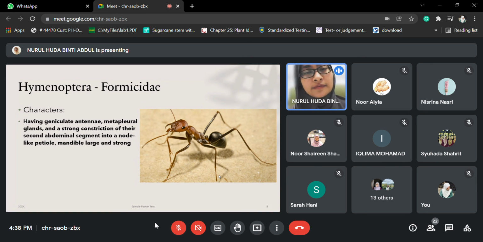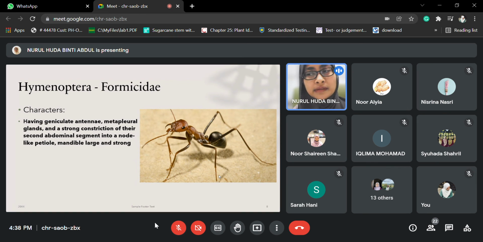But in this case, for Formicidae, you cannot actually use a claw to separate from other groups. Sebabnya if you say specifically mungkin about shape, I don't know, maybe ada. But if you say that there is a claw, other type or other order of insect also have claw.